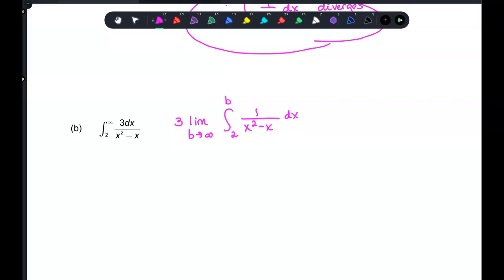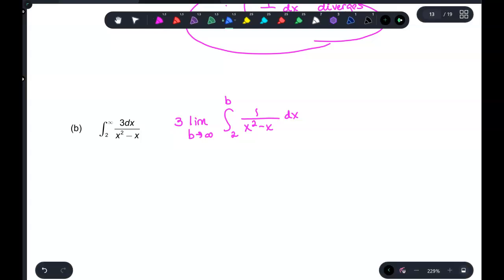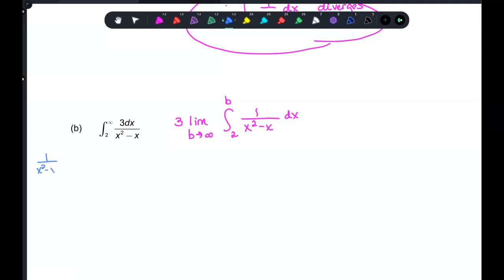Unfortunately, there's no alternative except to do partial fraction decomposition. So I'm going to go over here. 1 over x squared minus x, if I factor out an x, I can do a over x and b over x minus 1. We want to figure out the values for a and b, and then we'll pick back up on that integral.